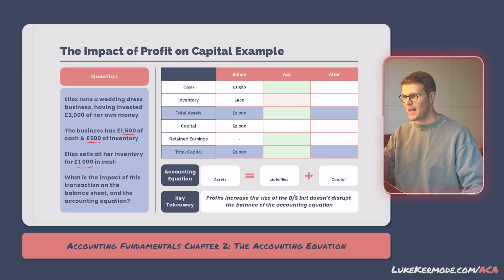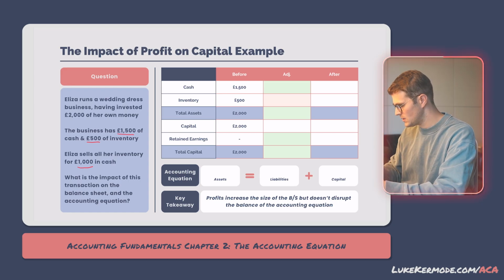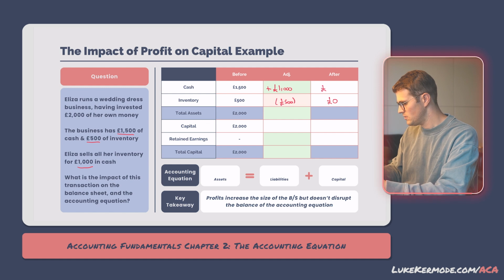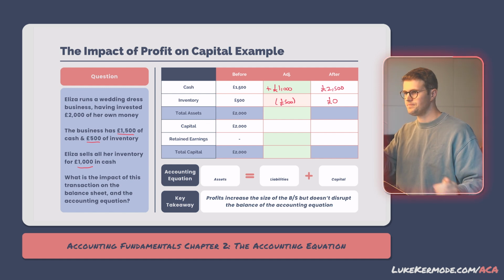So what happens to the accounts? Well, the inventory is now reduced to 0. And we know that cash has increased by £1,000 to 2,500.